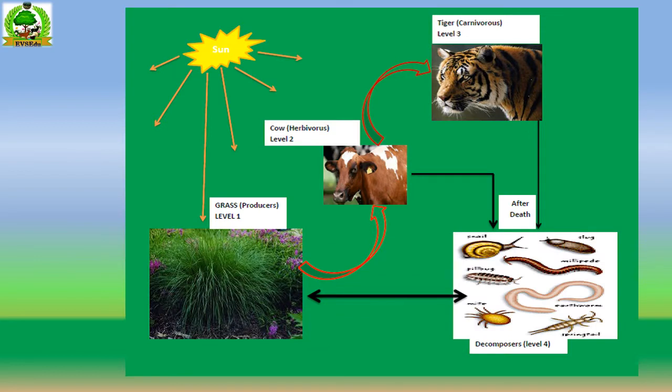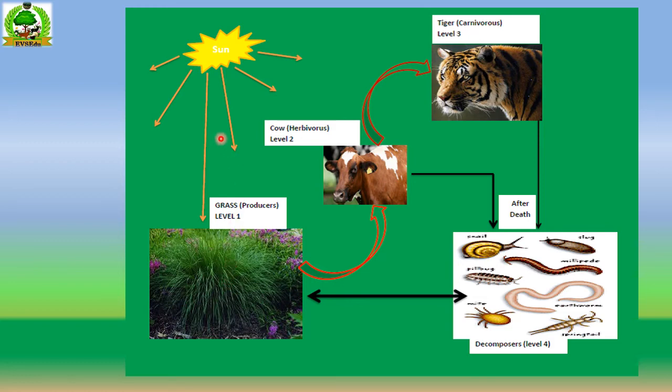Here is an example of an ecosystem, showing how energy, or we can say food, gets transferred from one level to another level. Here is the sun that gives radiation, and here are the producers. These utilize the radiation, and there is also availability of water and other nutrients. All these get converted into food, and then the producers transfer this food to the herbivores level, the second level, which are dependent upon them.